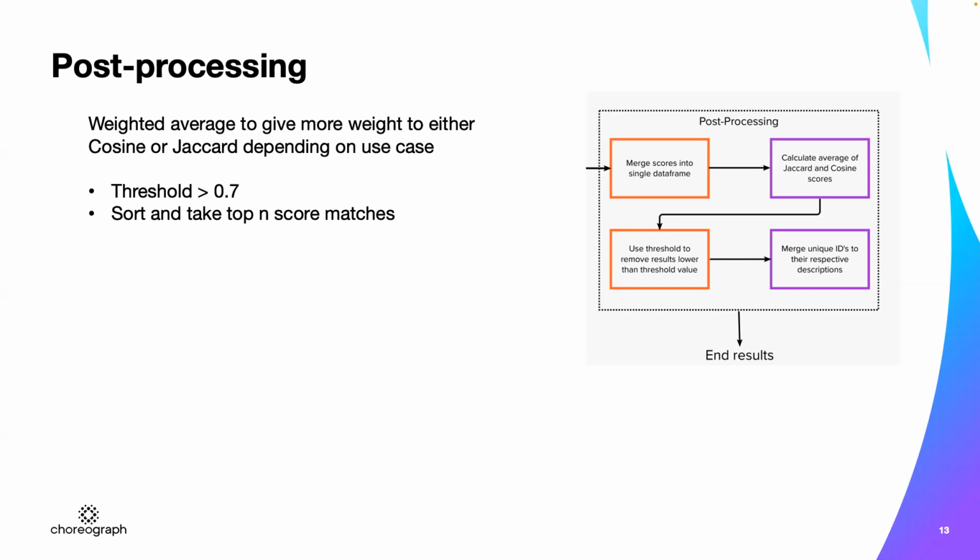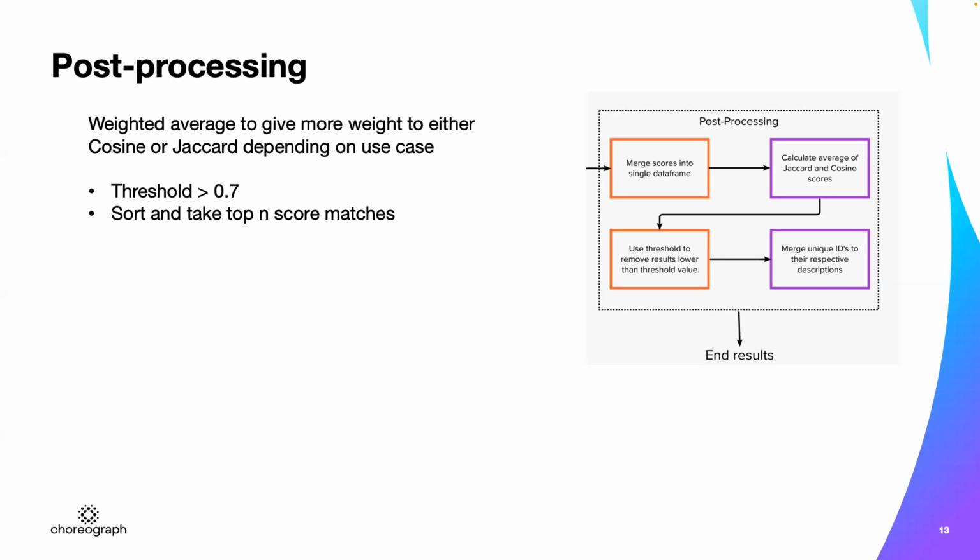So to try to reduce the number of matches in the final output, we do some different kinds of filtering. The first one is that we pass it through the threshold value.